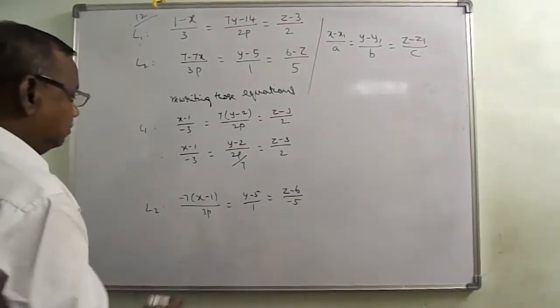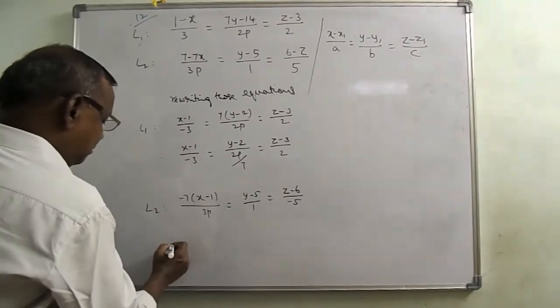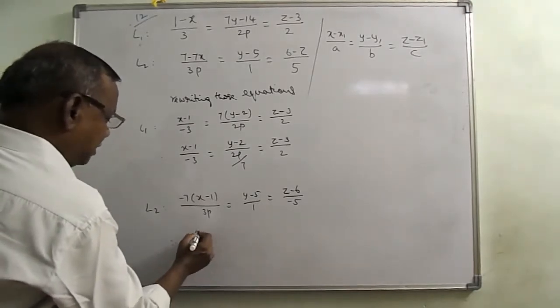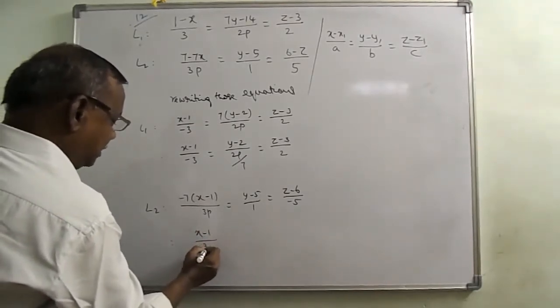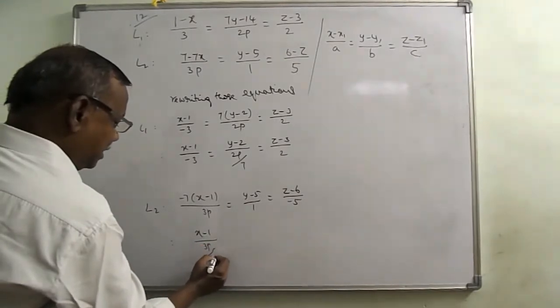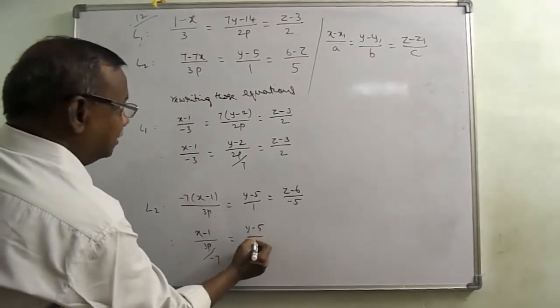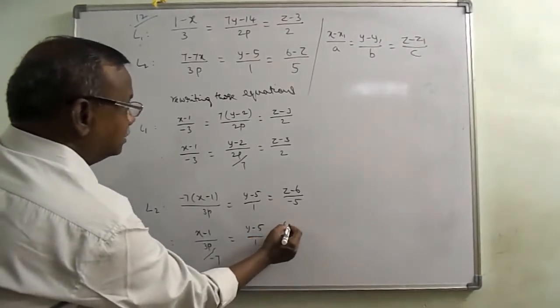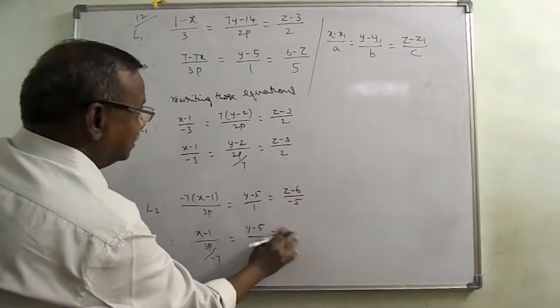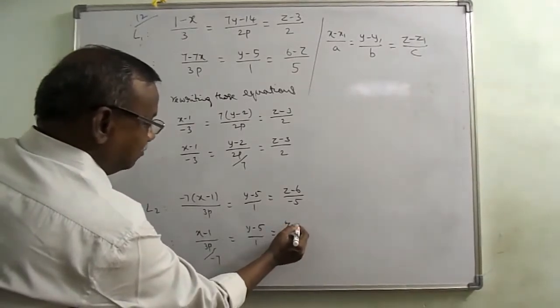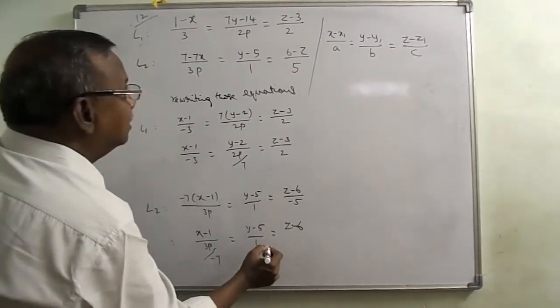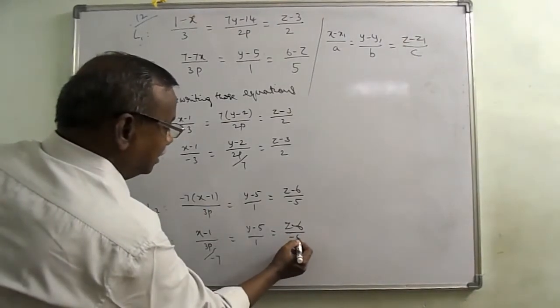Now bringing the minus 7 to the denominator, it will become (x minus 1) divided by 3p by minus 7 equal to (y minus 5) divided by 1 equal to (z minus 6) divided by minus 5.